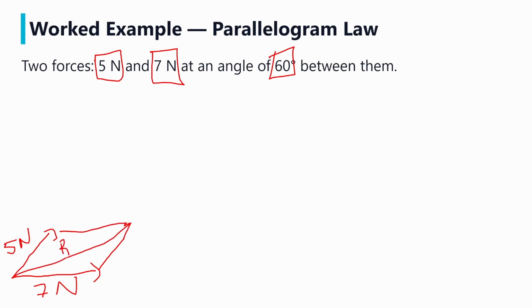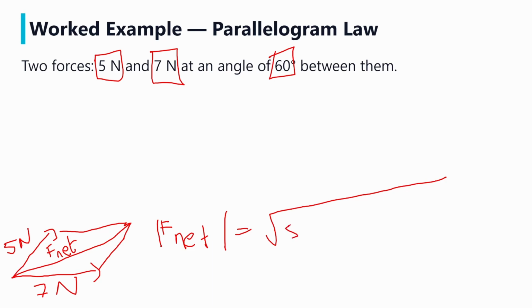Now, what's the formula for this? I'm just going to draw the symbol F net, which stands for net force. What net force is, don't worry, we'll get into that in a future video. But for now, just take it at face value. So F net, or the magnitude of it, is equal to square root of 5 square plus b square, so 7 square, plus 2 into 5 into 7 into cosine 60 degrees, right?